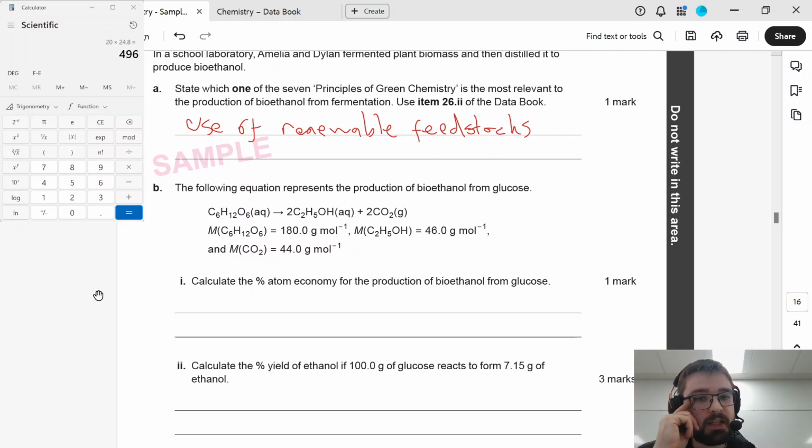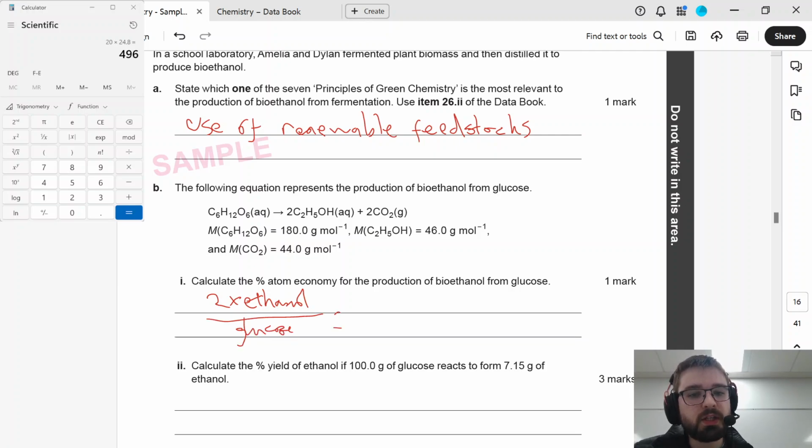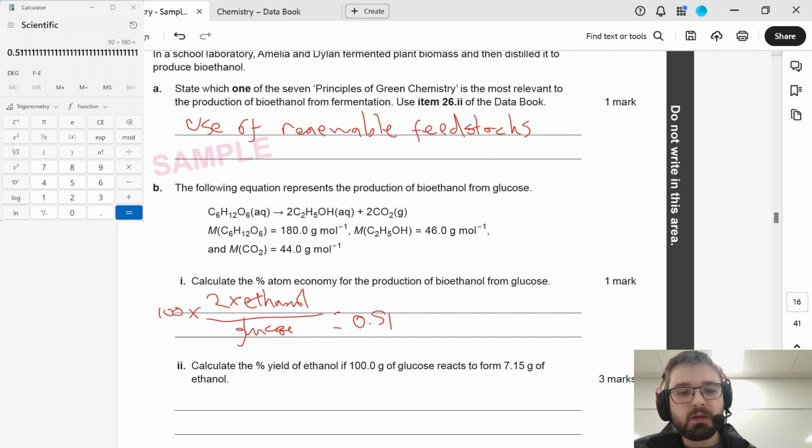So in this case here, we're going to have 2 times the ethanol molar mass over the glucose one. So that's going to be 2 times 46, and then divide that by 180, which gives us 0.5, times 100.